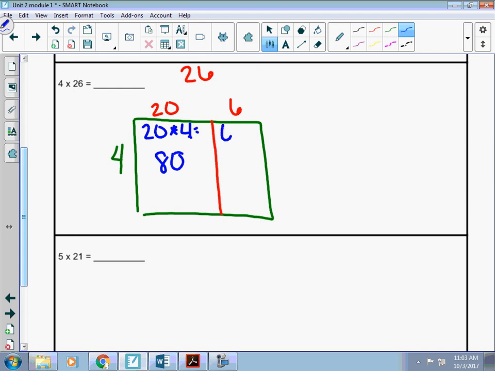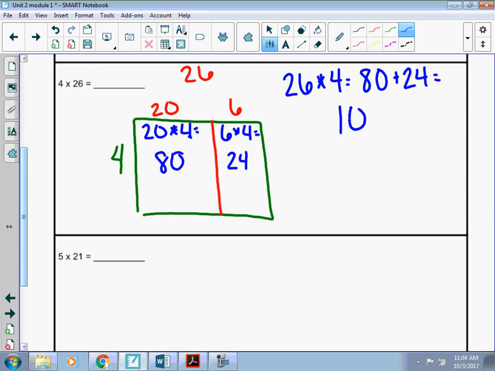And in the second box, I'm doing 6 times 4 is 24. So to solve 26 times 4, I'm going to add 80 plus 24, which is 104.